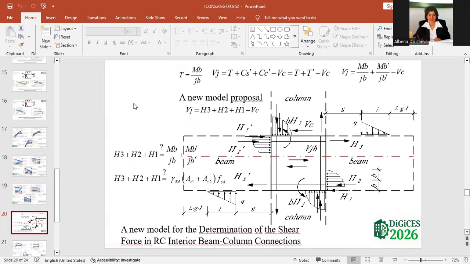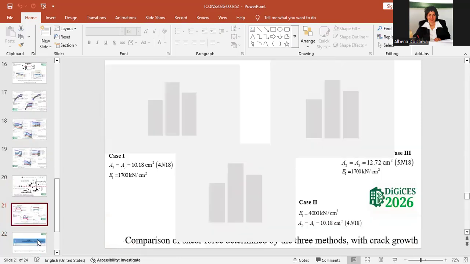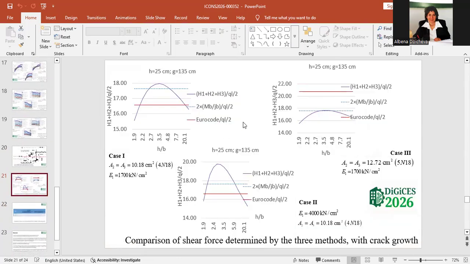Now we have equations for H1, H2, and H3, and can compare this information with the equations from literature. And second, we can compare our shear force with shear force from Eurocode. And the result says the following.